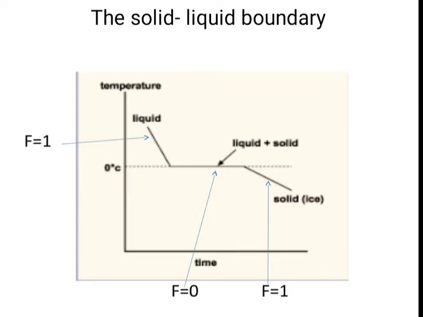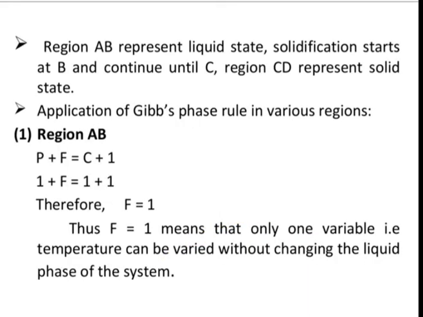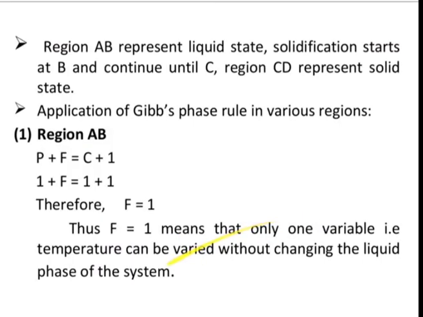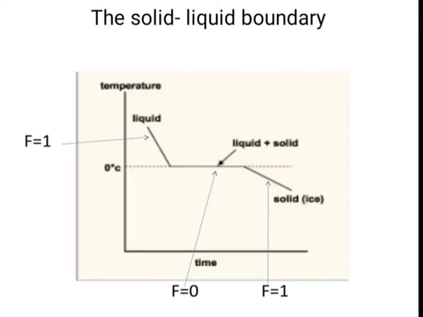So, here we have seen in the one lecture the number of phases present. Here only one phase is present, here two phases are present, liquid and solid, and here only solid ice is present. And from this we have found the variable value, and for region A to B, suppose here is the point A and here are B, C and D. From A to B, variable F is 1, from B to C variable F is equal to 0, and from C to D variable value is equal to 1.